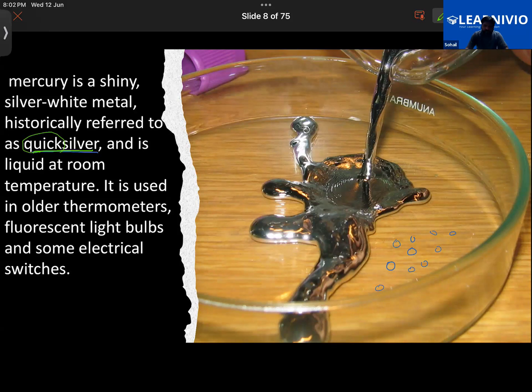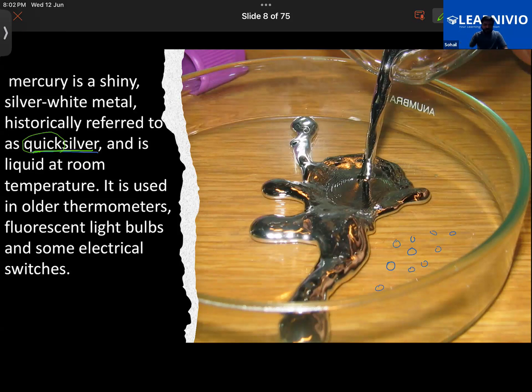So if you drop mercury somewhere, it will keep on flowing unless you stop it. If you take mercury in a beaker and drop it on the floor, it will continue to flow unless something obstructs its flow.